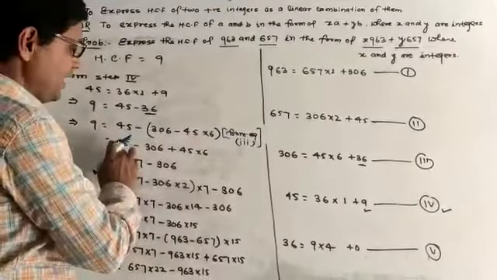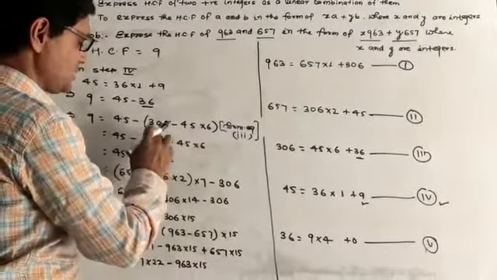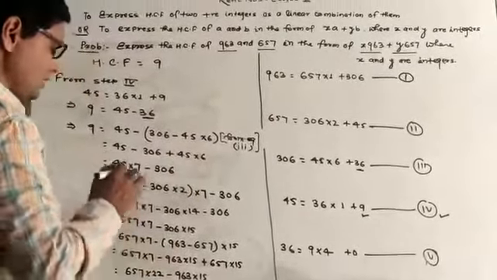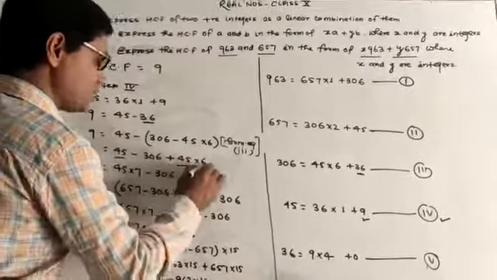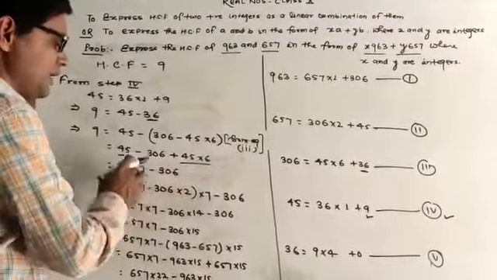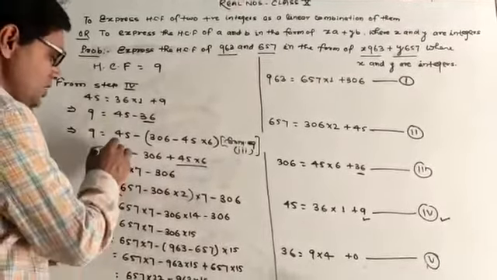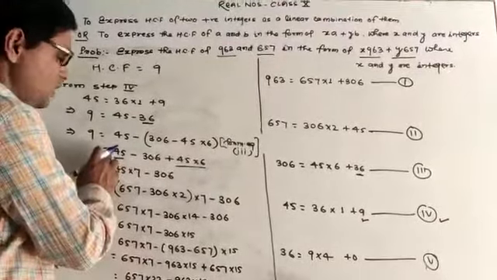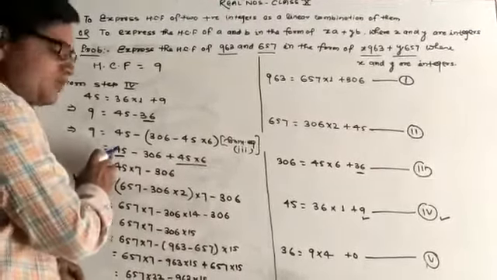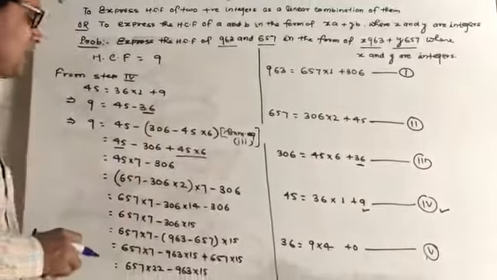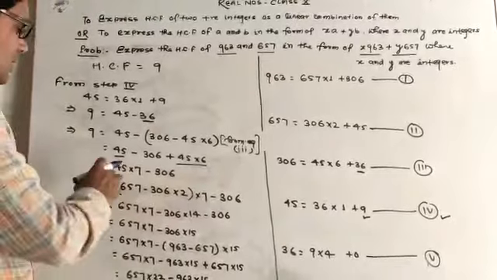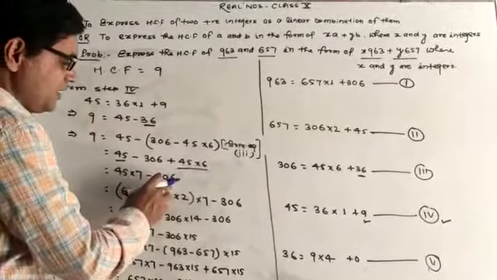You get 45 minus (306 minus 45 into 6), which is 45 plus 45 into 6 minus 306. This 45 and 6 times 45 will be equal to 45 multiply 7, because here is 1 times 45 and there is 6 times 45. This means their sum will be 7 times 45 minus 306.